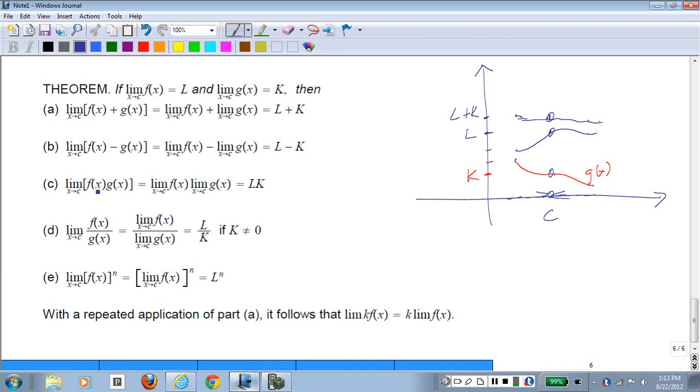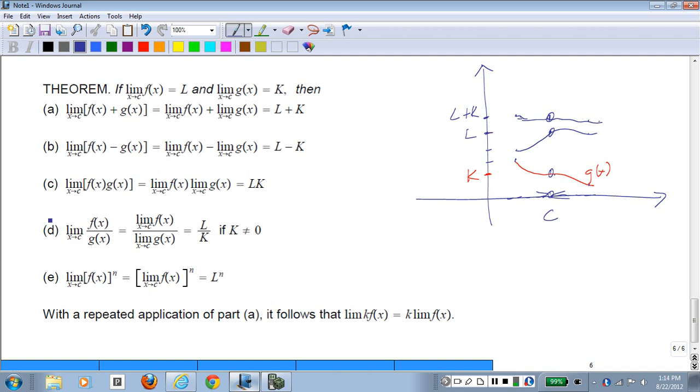If the individual quantities are getting close to L and k respectively, then their product is getting close to the product L times k. If the individual quantities are getting close to L and k respectively, then their quotient is getting close to the value L over k, provided k is not 0. If k is 0, it's possible for a limit to exist and equal 0, but this is not going to work if the denominator of this expression is equal to 0.